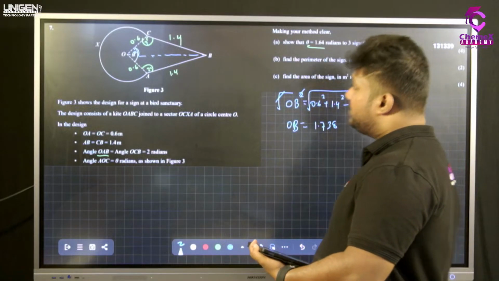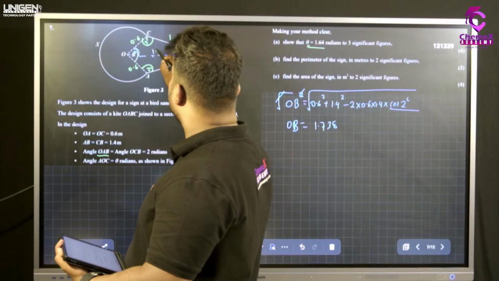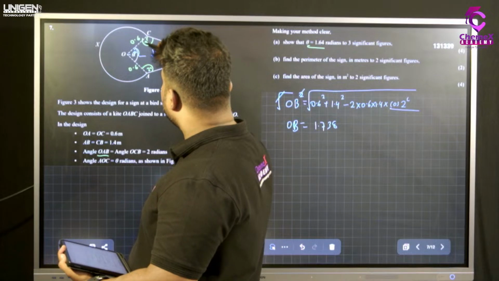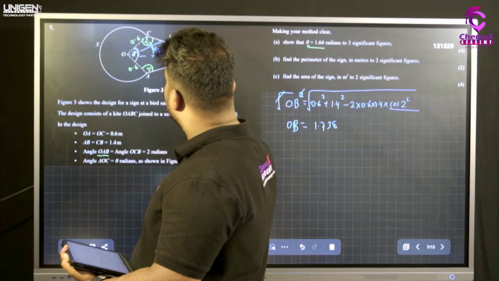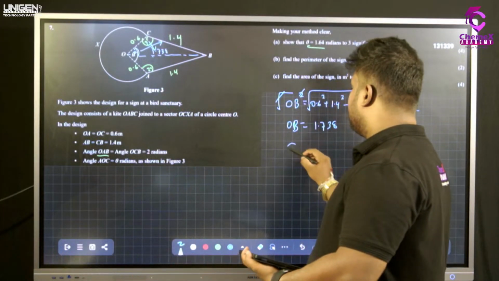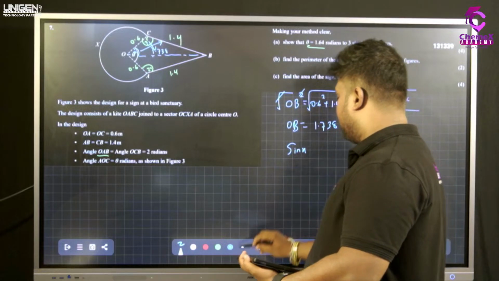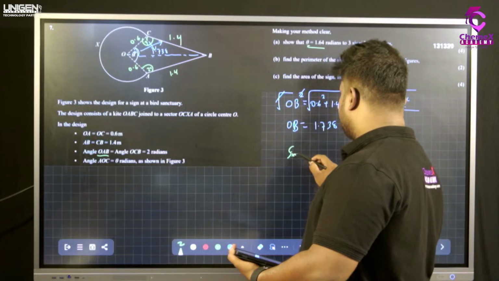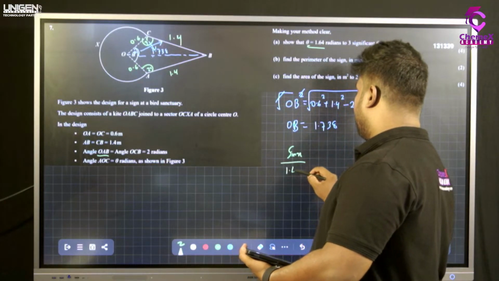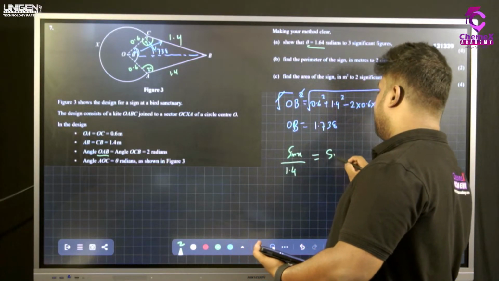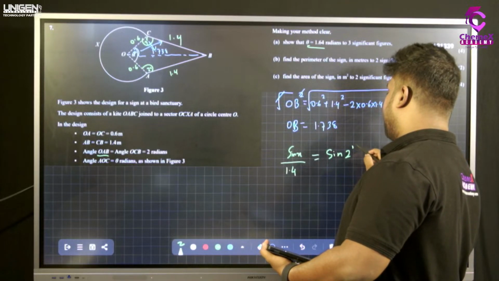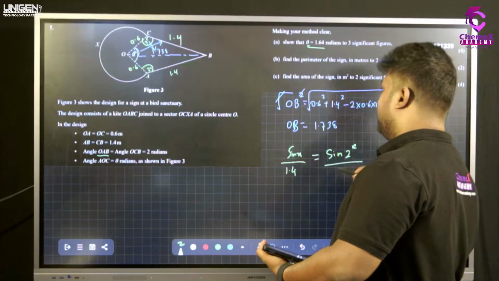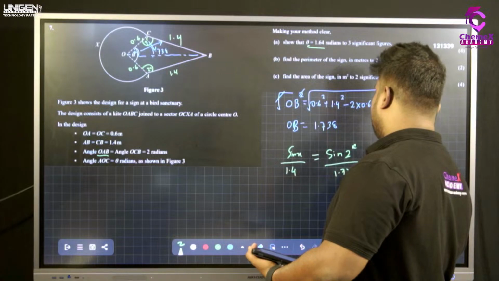1.738. Once you know OB, 1.738, now you can use what rule? Sine rule. So sin x over 1.4 equals sin 2, that's in rad, over 1.738.